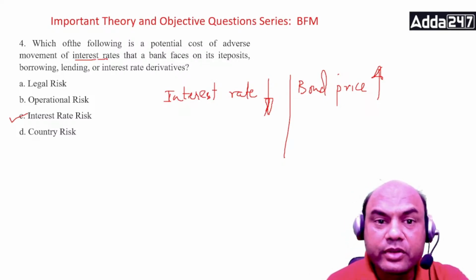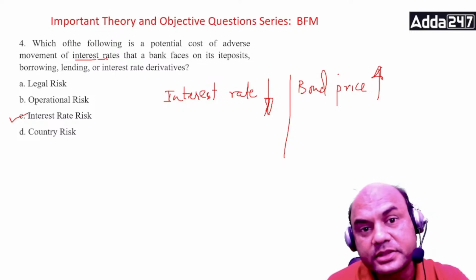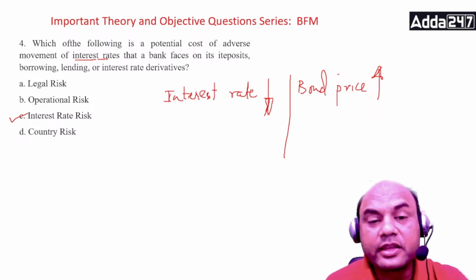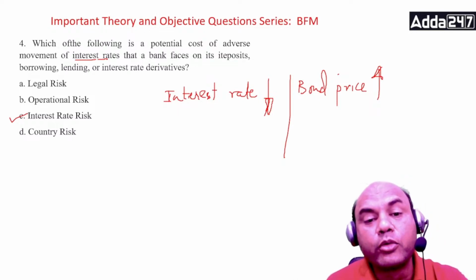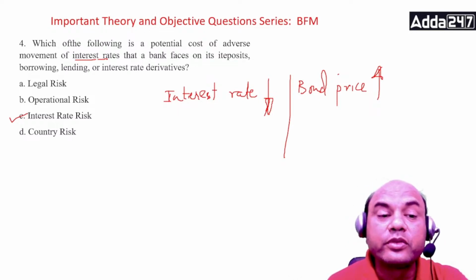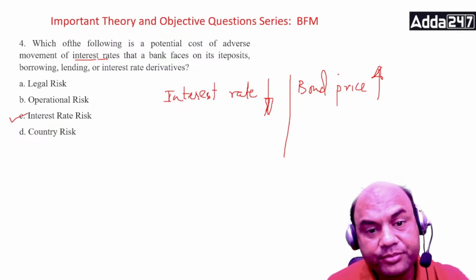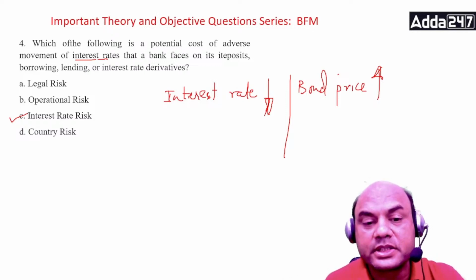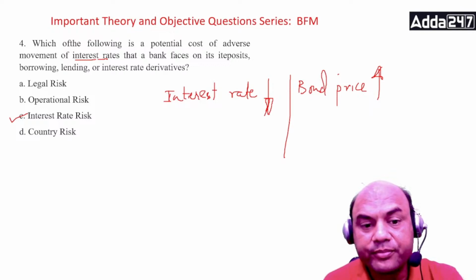If companies borrow more loans, they'll spend more. People will get more money in their hands. So that will lead to inflation. Okay, got it? So there are multiple effects of a single policy decision. Okay, move on.